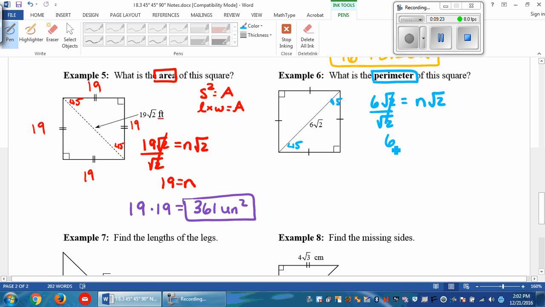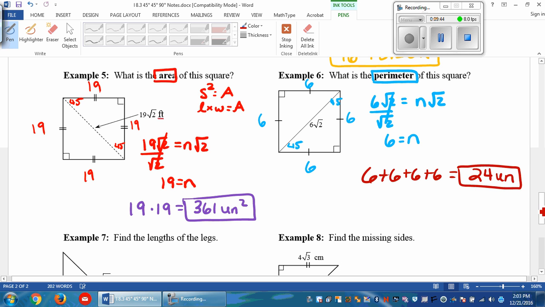They cancel out. 6 is equal to n. Each side length is 6. Instead of multiplying them together this time, you're going to take 6 plus 6 plus 6 plus 6. So it's 24 units of measure.